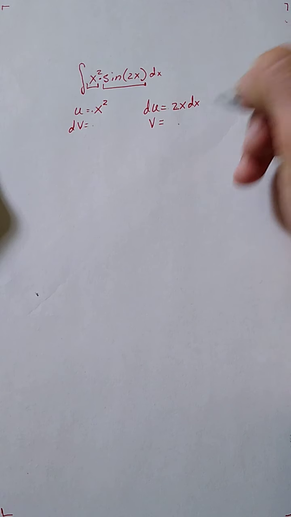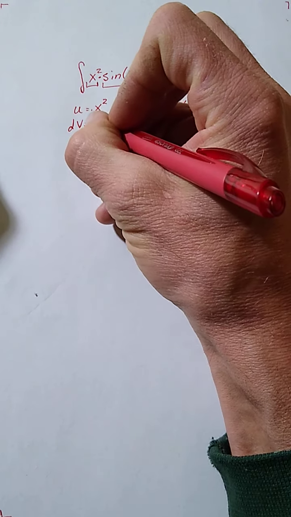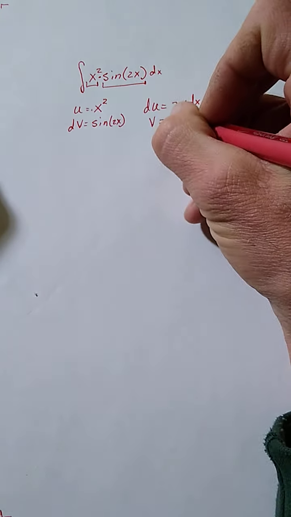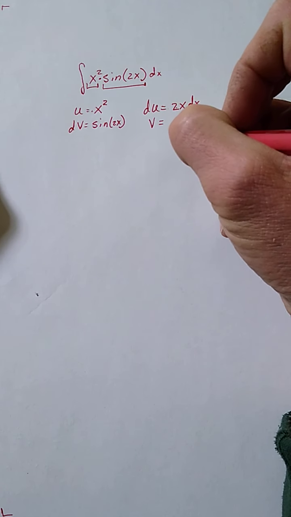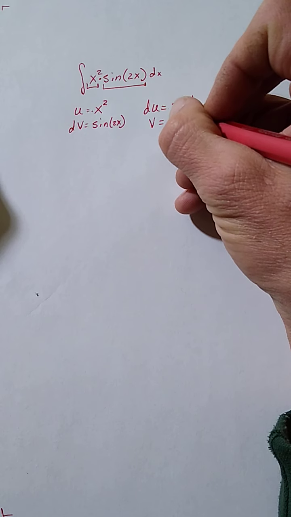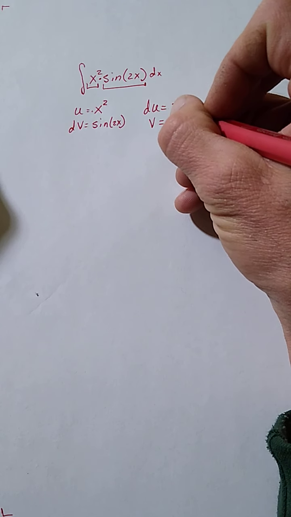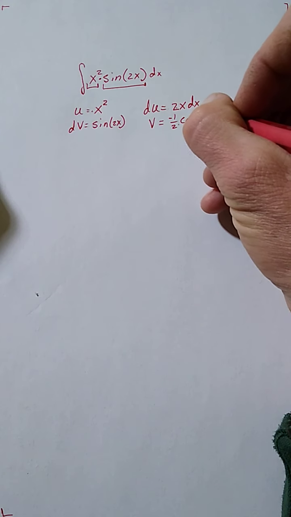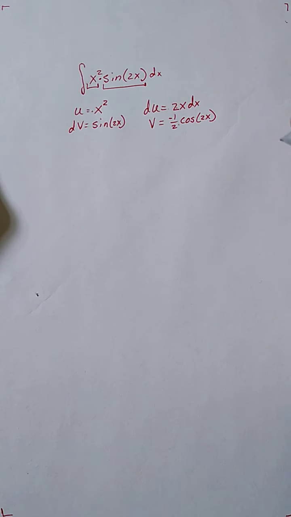That got easier. Okay, so then that means that I should pick my sine 2x for dv, and then the integral of that is going to be negative 1/2 cosine 2x this way.